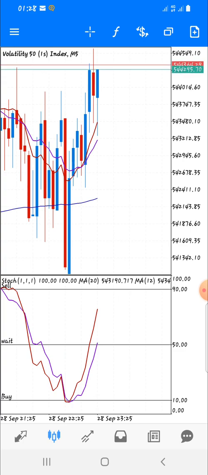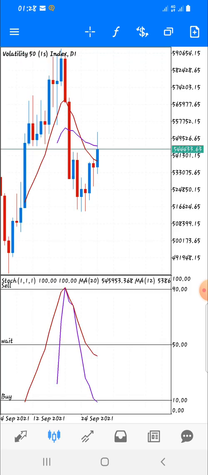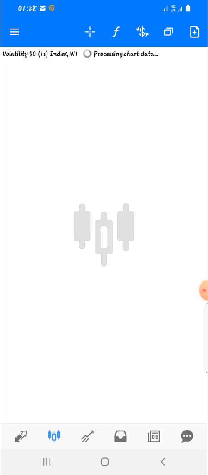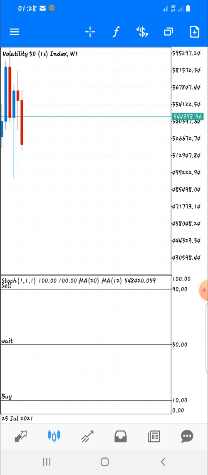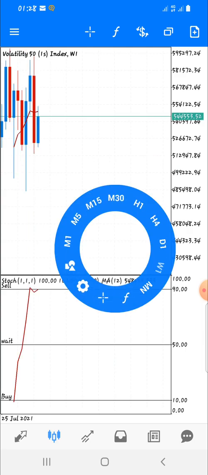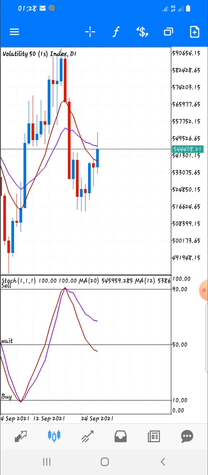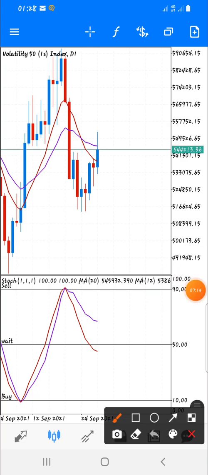The first thing you need to do is go to the higher time frame. I don't encourage you to use the weekly time frame, but I encourage you to start on the daily time frame, where you identify the trend, the zones, and the impulse or corrective waves.